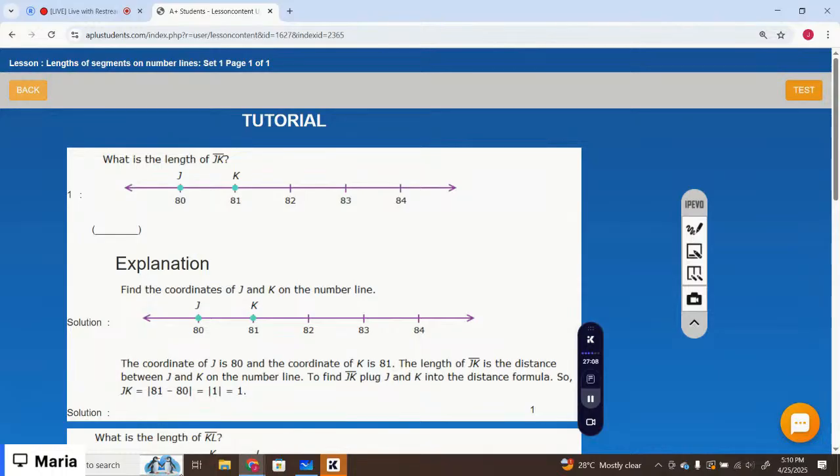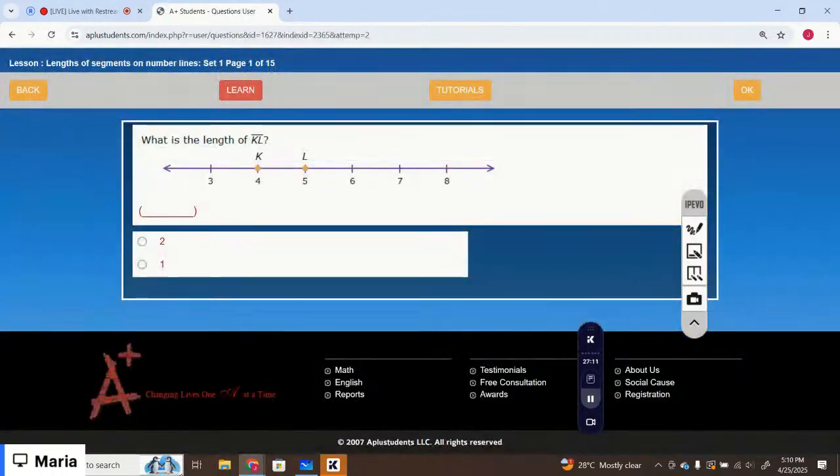Let's just start with the test questions. What is the length of KL?